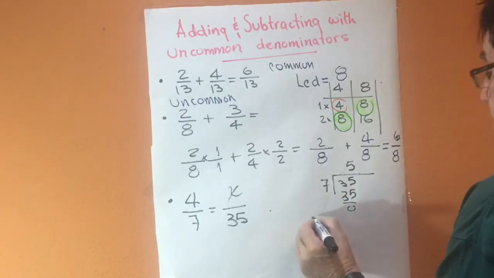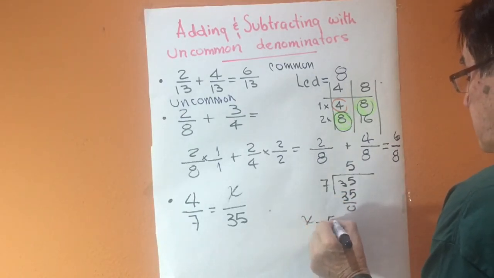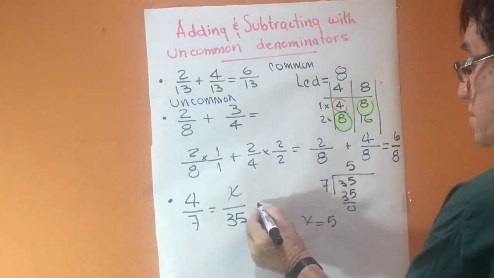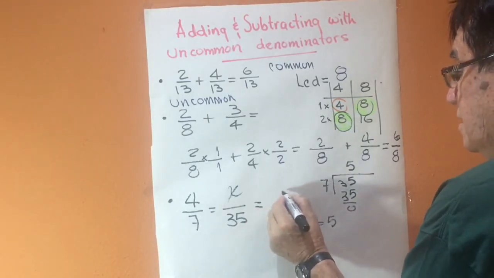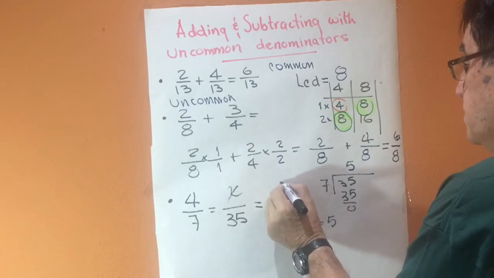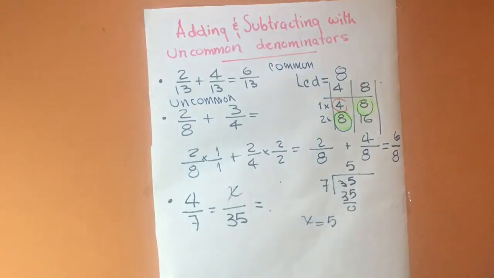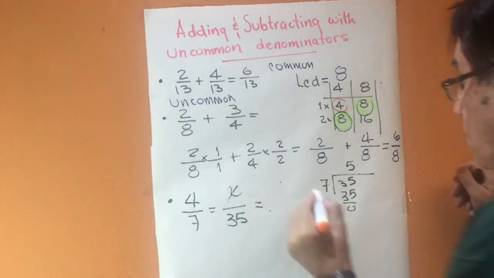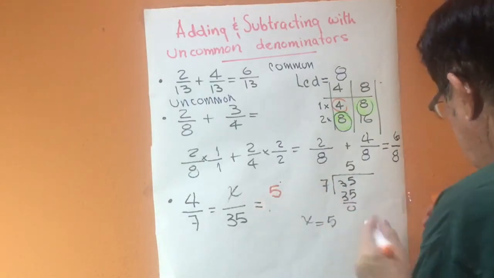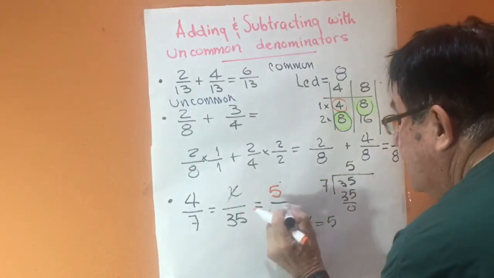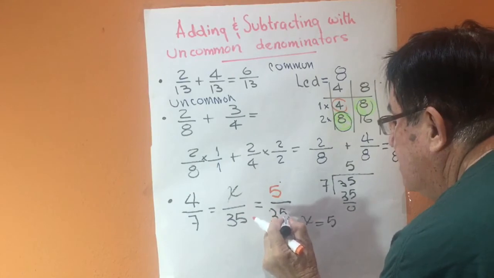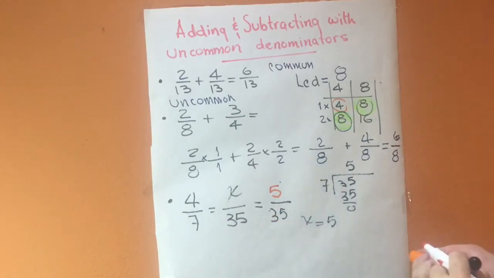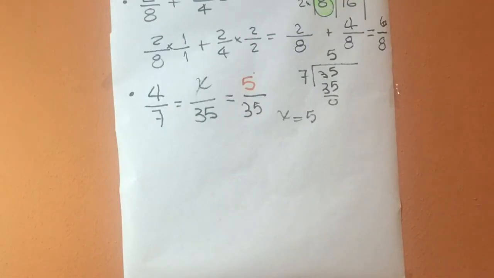Oh, then x is equal to 5. So my equivalent fraction will be, in this case, 5 over 35. And then, this is the way we can always find equivalent fractions.